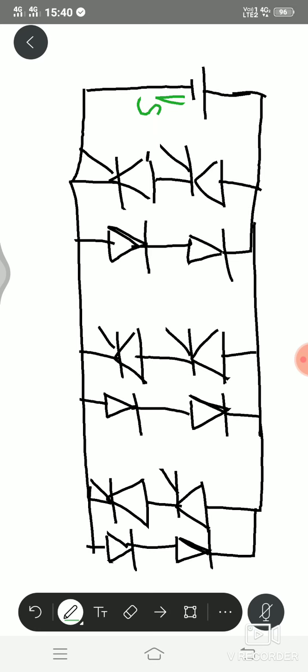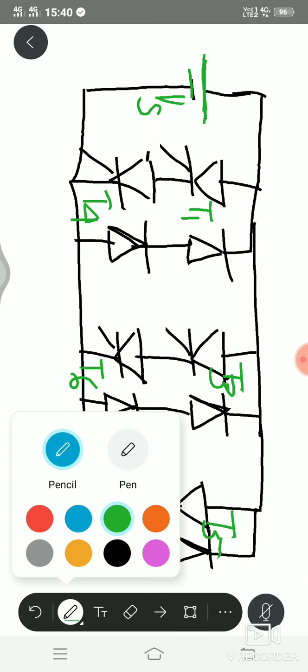So input we are connecting a DC voltage source, which you can see over here, and let us name the thyristors T1. Upper group will be 1, 3, 5, and lower group will be 4, 6, and 2. Let us name the diodes.